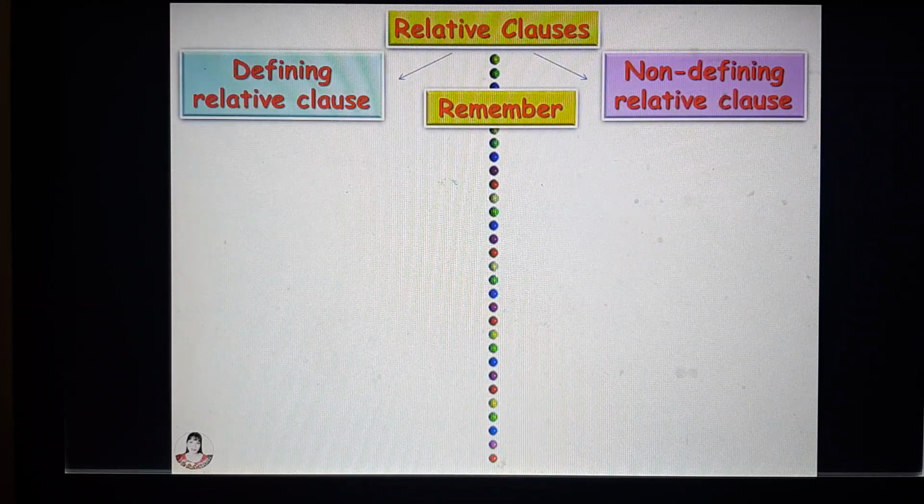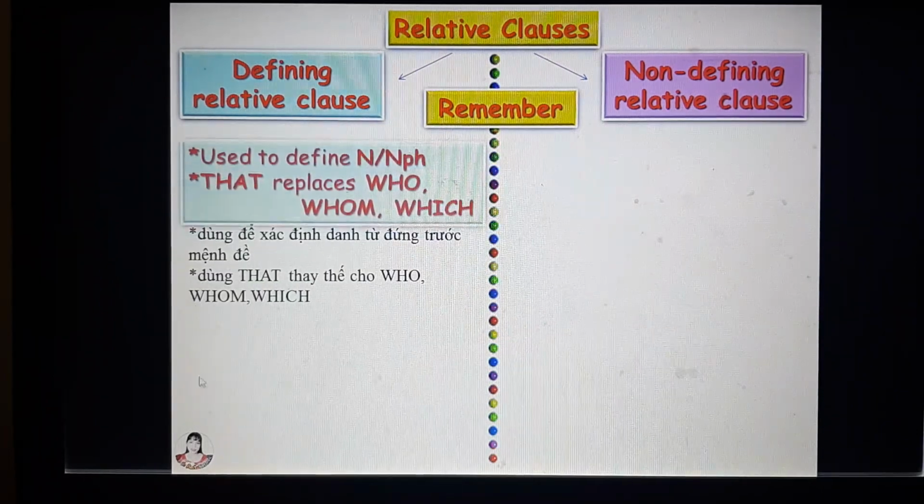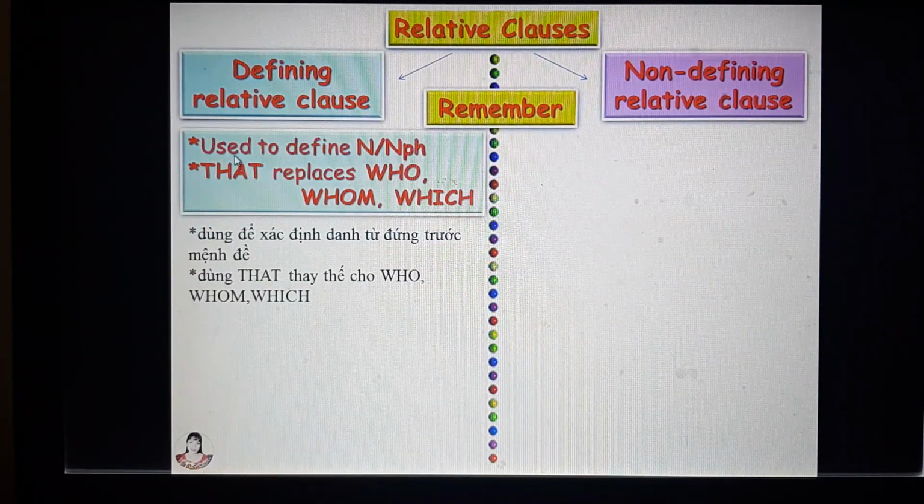Now remember, we use a defining relative clause to define a noun or noun phrase. Again, we use a defining relative clause to define a noun or noun phrase.